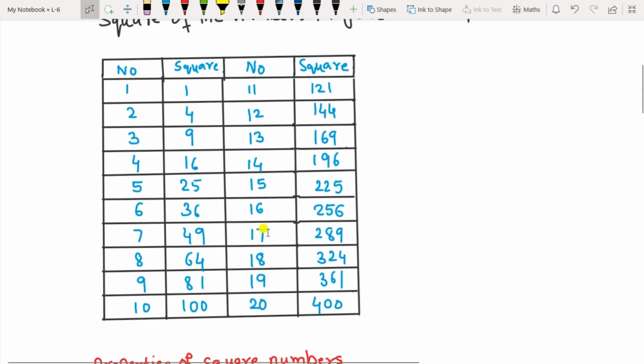See here, 4 square has 6 at its units place, and 6 square also has 6 at its units place. Similarly 14 square has 6 at its units place, and 16 square is 256, that is 6 at its units place. So if 6 comes at the units place, you can guess that it may be a square of a number ending in 4 or in 6.